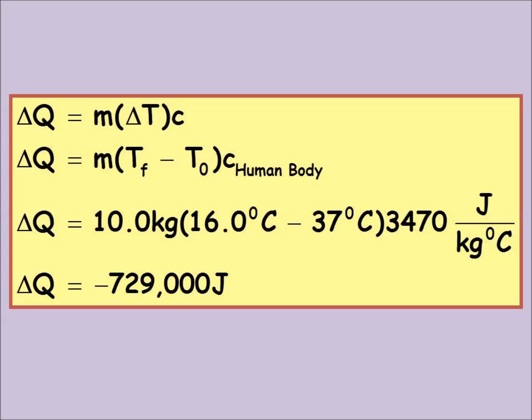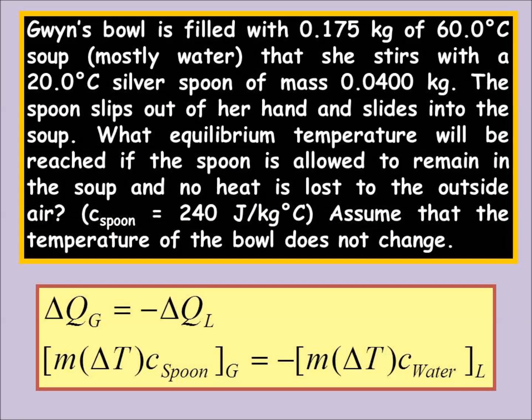So relative to the child's body, it's giving off 729,000 joules, negative exothermic. It's very important to know, you could either do the negative sign in the calculation or sign it later because you know it's exothermic by reading the problem.